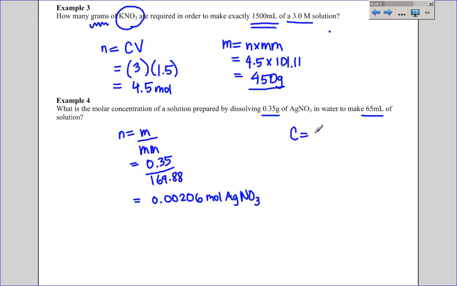So that means that the moles divided by the volume, and my volume I need to put in liters, which is 0.065, and that gives me 0.032 molar silver nitrate.